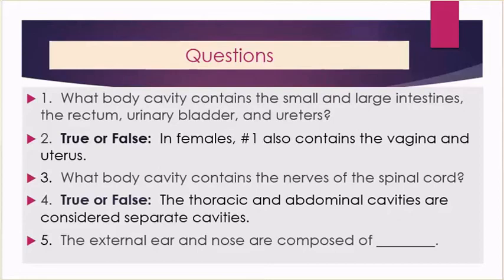Number 3, what body cavity contains the nerves of the spinal cord? Number 4, true or false, the thoracic and abdominal cavities are considered separate cavities.